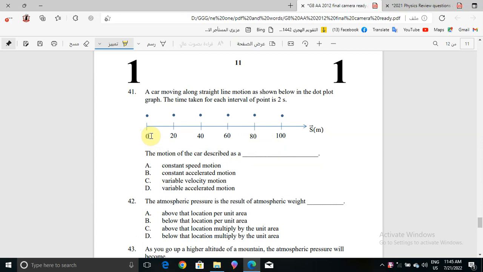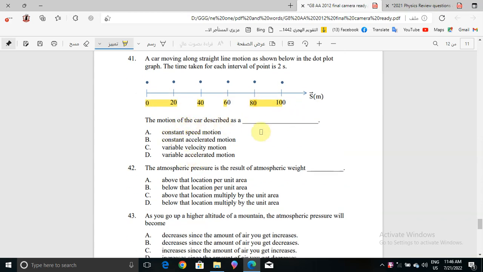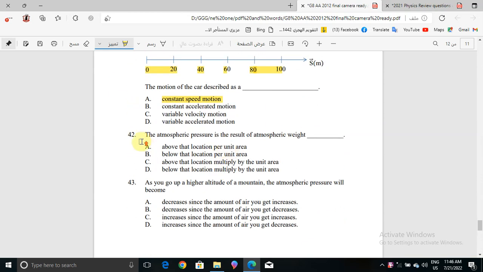Because from 0 to 20 it is 20, from 20 to 40 it is also 20, from 40 to 60 also 20, from 60 to 80 also 20, and from 80 to 100 also 20. So the motion of the car is described as constant speed motion, a speed of 20 meter per second. Okay, now question number 42.